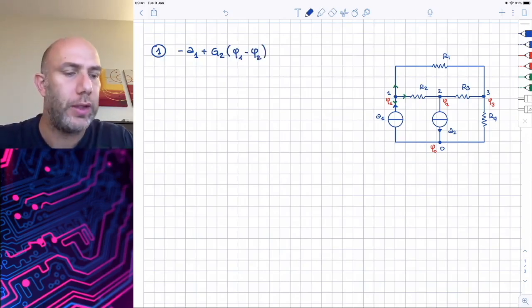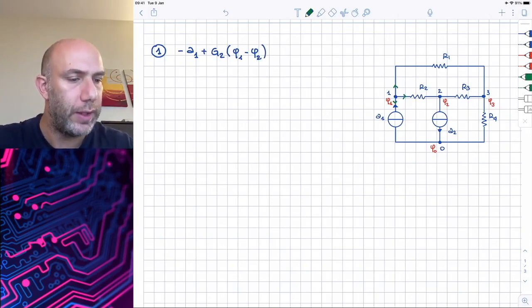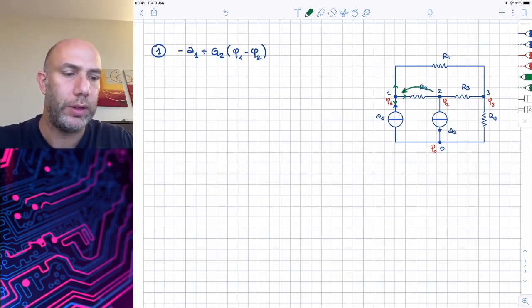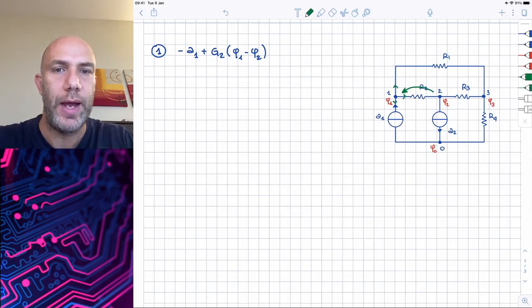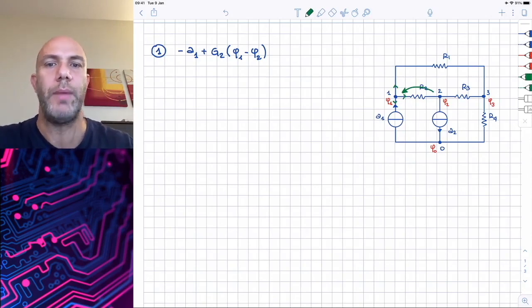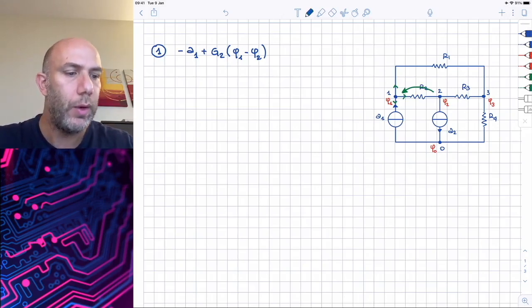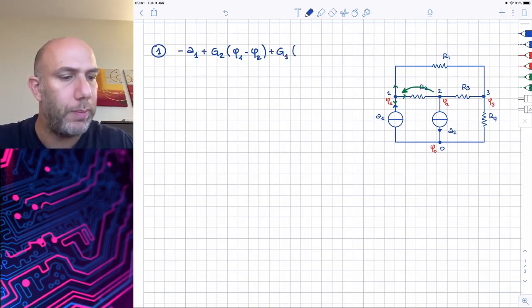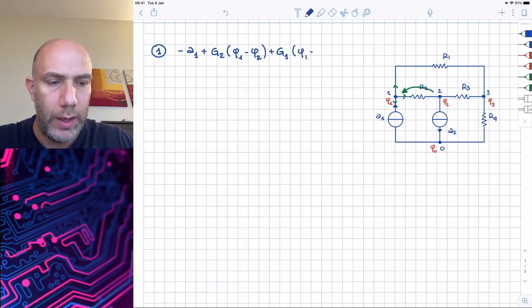That is the potential difference across the terminals of the resistor, so that we are expressing this voltage divided by the value of the resistance, or, to simplify the notation, multiplied by the conductance. We can do a similar consideration for the resistor R1, and so we have plus G1 that multiplies phi 1 minus phi 3.